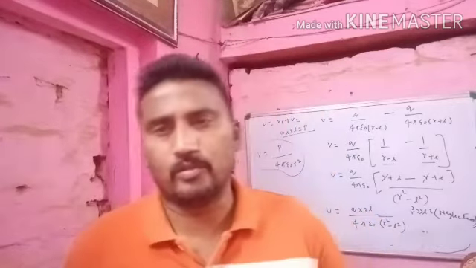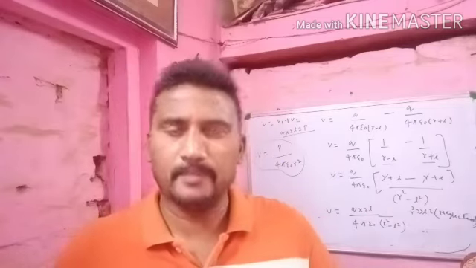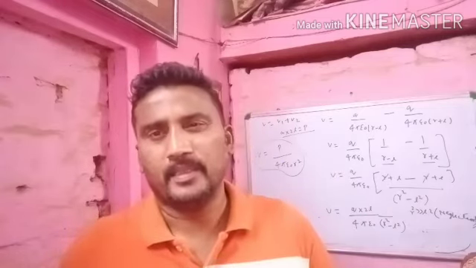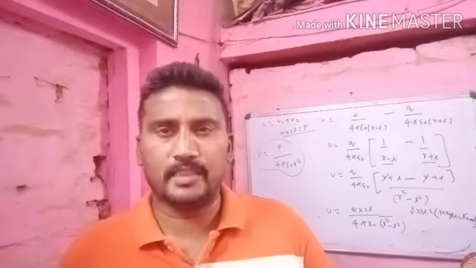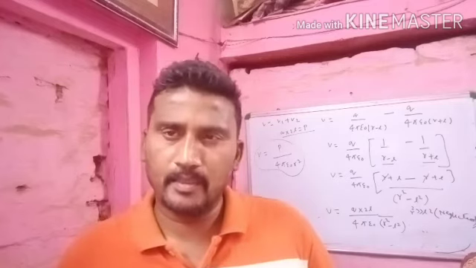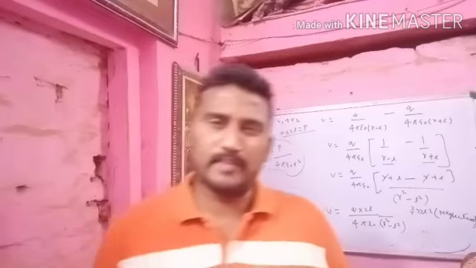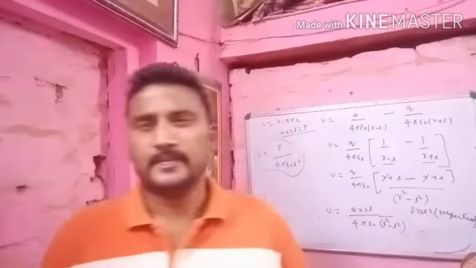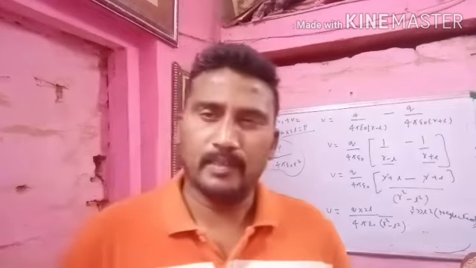We know the electric dipole moment P is equal to q into 2L, so we put q into 2L equal to P. Therefore, the total potential developed in the axial position is V equal to P upon 4 pi epsilon naught r square. That was the concept of the electric potential at the axial point, and the result is V equal to P upon 4 pi epsilon naught r square.